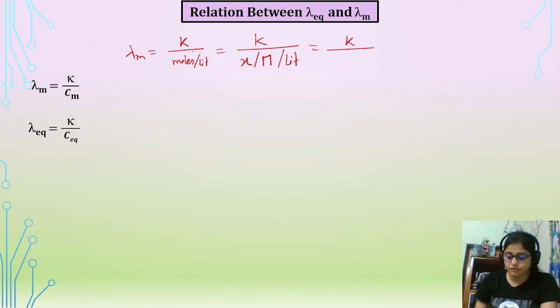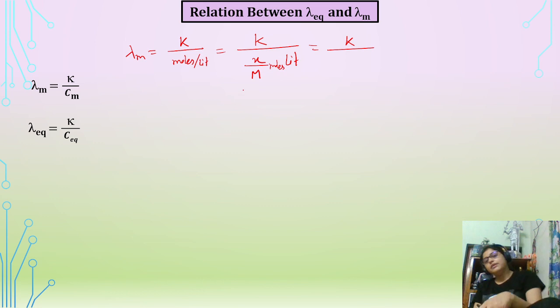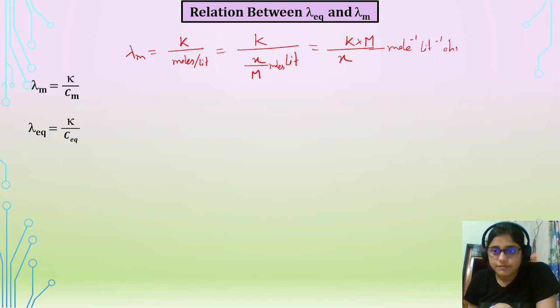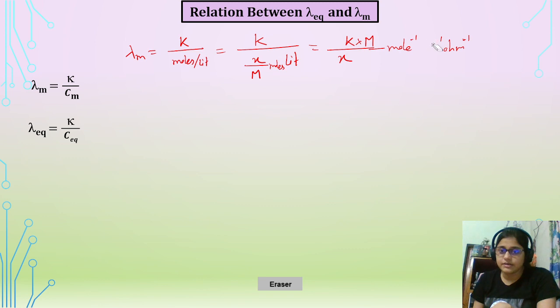Okay, you can be confused with this. So it is X by M moles. This is moles, right? Number of moles can be expressed this way. So M can go upside and X is here. Again the unit will be mole inverse and liter inverse, and here ohm inverse, let's say cm, and cm square.